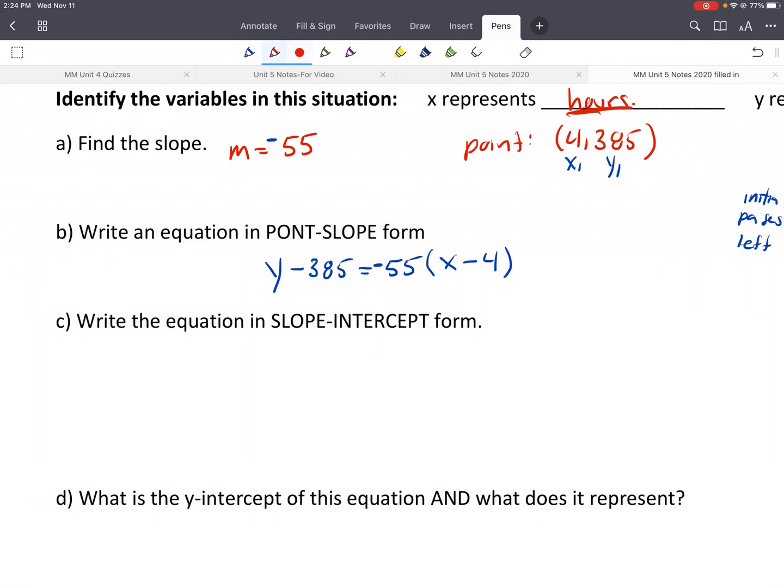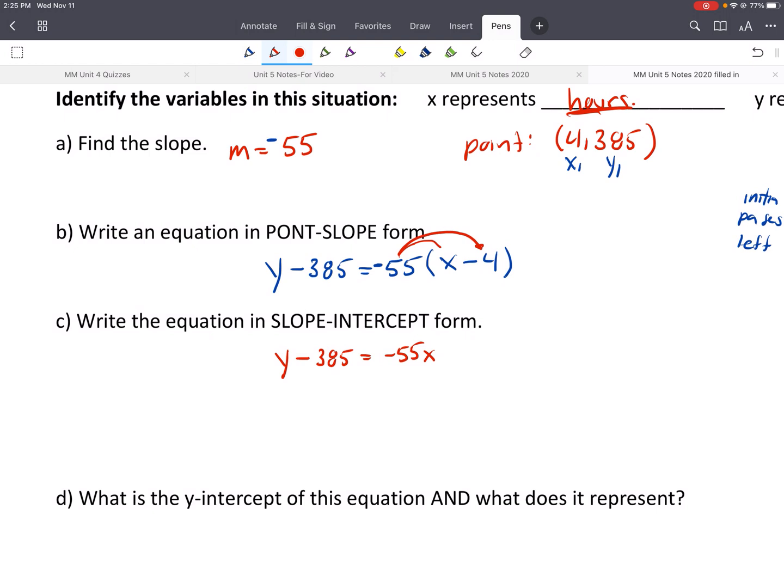We did that already in our last lesson, okay? To do that, we would need to distribute. We'd distribute the negative 55, so we'd end up getting y minus 385 is equal to negative 55x, and then we'd distribute it to the negative 4.